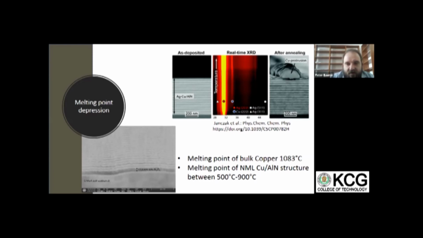We can observe that the melting point of this nanostructured copper will be between 500 and 900 degrees centigrade. It depends on the thickness of the layer. And you can see here in the right hand side picture that the copper came out from this multi-layered structure.